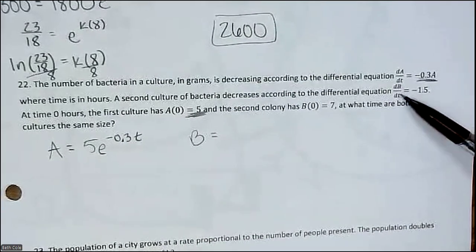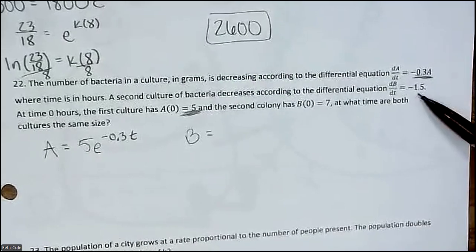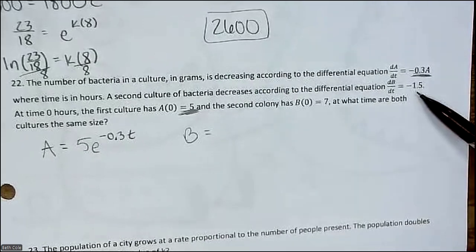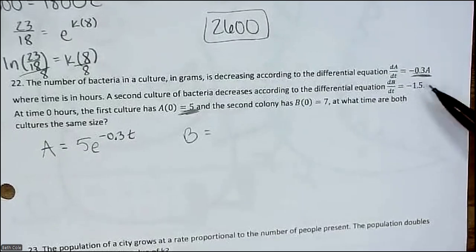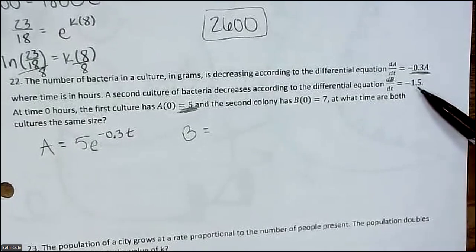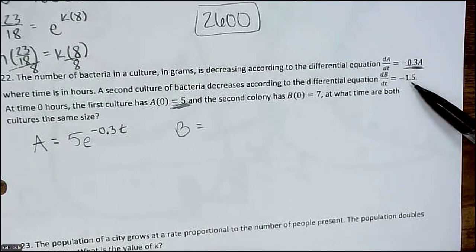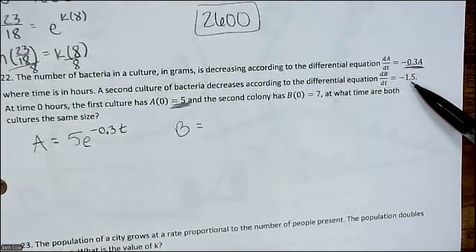Do you see how the rate is just negative 1.5? What does that mean? Say that a little louder. It's a constant rate. Do you see that? It's just negative 1.5. Okay, we're almost there. If it is a constant rate, what kind of a graph is it going to be?